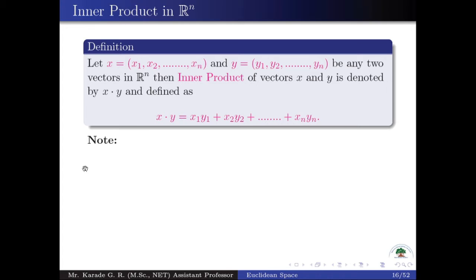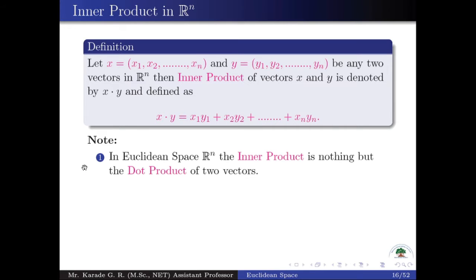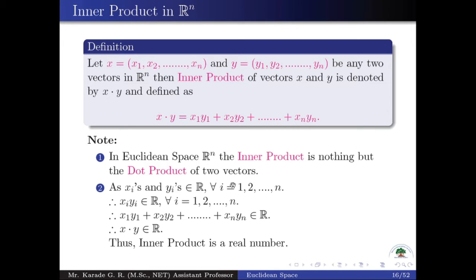Now we note some points here. The first point is, in Euclidean space Rn, the inner product is nothing but the dot product of two vectors, as the xi's and yi's are real numbers for all i equal to 1 to n. Therefore the product of real numbers is a real number, so xi into yi belongs to R for all i equal to 1 to n, and the addition of real numbers is a real number.